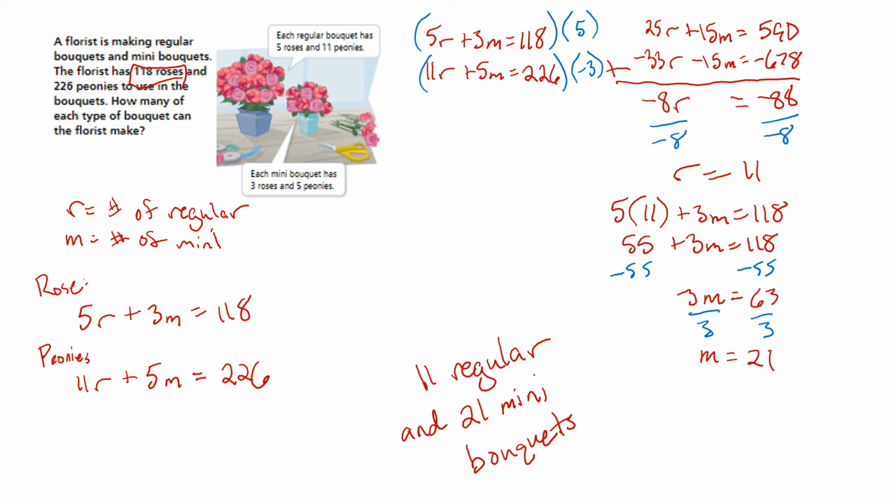I know that one of the questions that sometimes comes up is, couldn't we, instead of multiplying by 5 and negative 3 and then adding, couldn't we have multiplied by 5 and 3 and then subtract the 2? The answer is yes, you can.